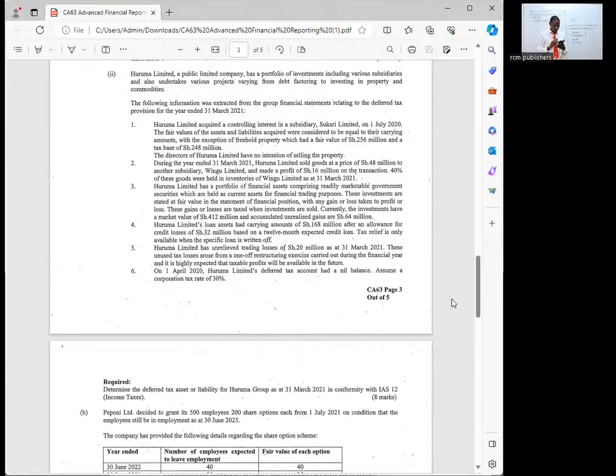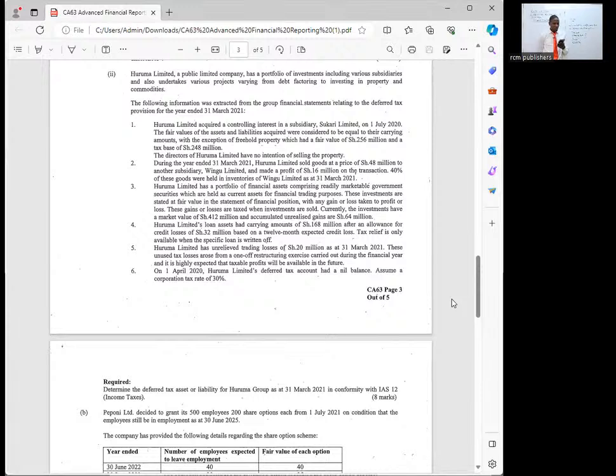The question reads: Huluma Limited, a public limited company, has a portfolio of investments including various subsidiaries, and also undertakes various projects varying from debt factoring to investing in property and commodities. The following information was extracted from the group financial statements related to the deferred tax provision for the year ended 31st March 2021.